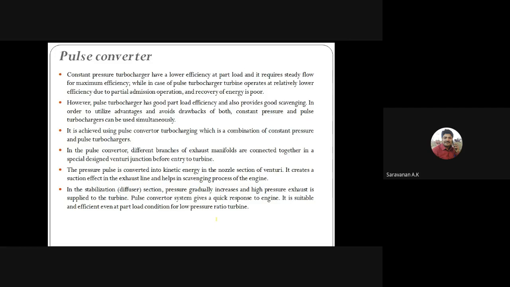However, the pulse turbocharger has good part load efficiency, and also provides good scavenging.